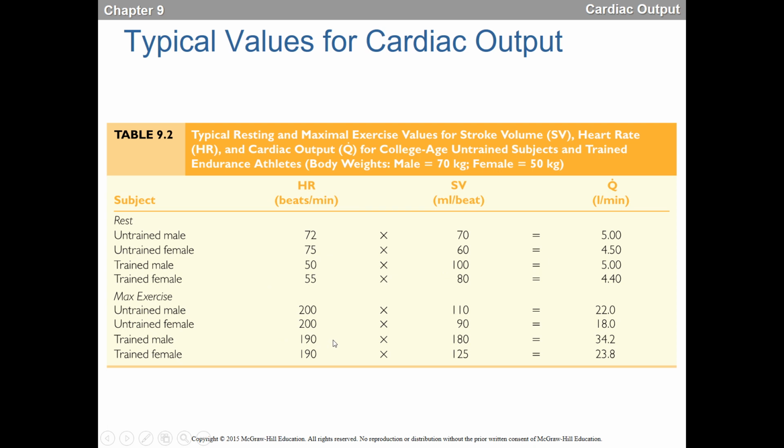Now at max exercise, interestingly, cardiac output is not maintained, it actually goes up a lot, and that's due to these two factors.